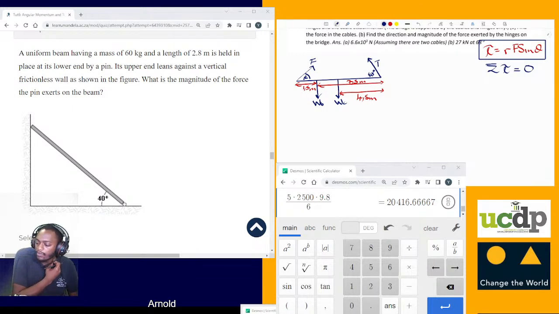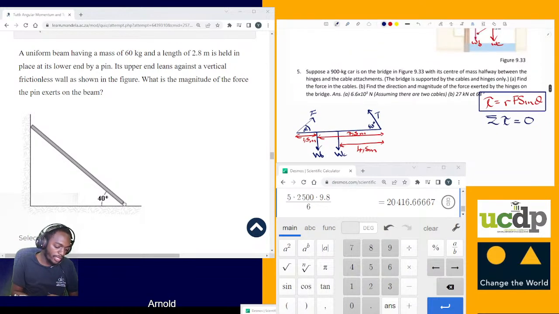Okay, so the first thing that we have to do is to calculate or find the force in the cables. Right, so the forces that we have, we've got this one, 2, 3, these are the forces that we have, and the forces that we don't know are the tension and the force F. All right, find the force in the cable.